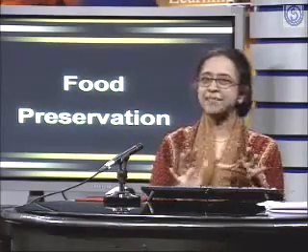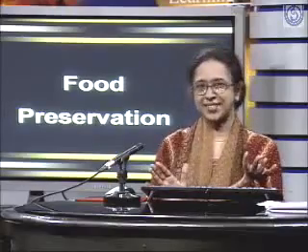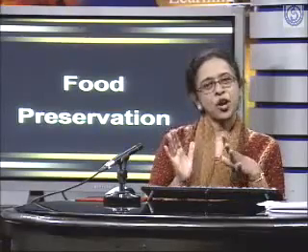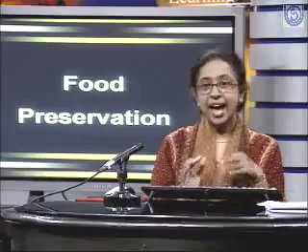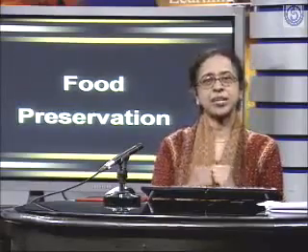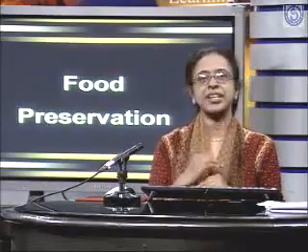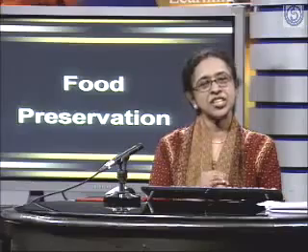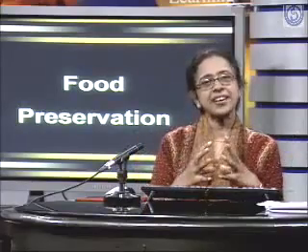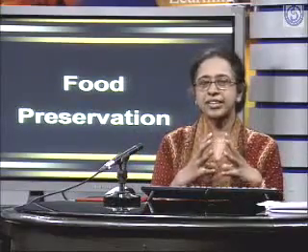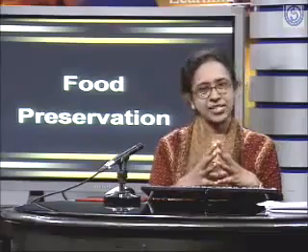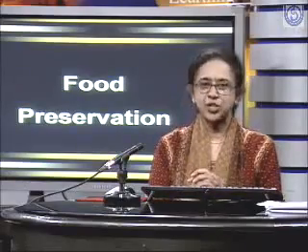The reason is that microorganisms don't like acid. They will not grow, they will not function properly, and if the acid is combined with something like high temperature, as we will see in a subsequent discussion, then the microorganisms are often killed or severely inactivated. So this is something that we need to keep in mind.